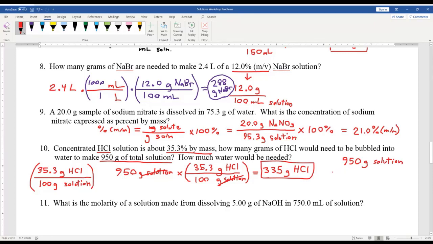If I know 335 grams is the HCl solute, then what's left over is going to be the solvent, or the water. That's going to give me 615 grams of solvent, or water. Does that make sense?